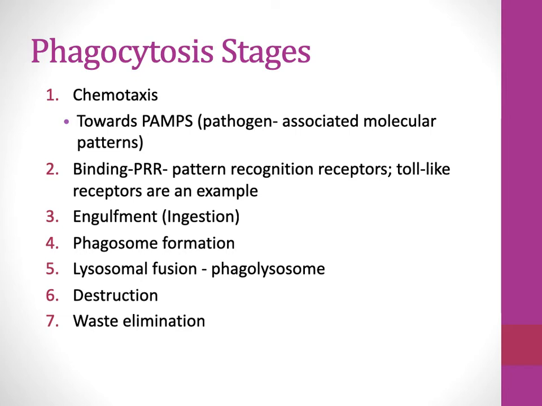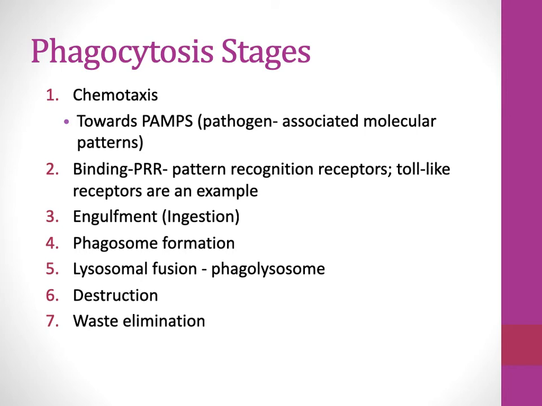That's going to end up fusing with a lysosome. So the lysosome contains digestive enzymes. When those fuse together, we form a phagolysosome. So we're just putting the words together. That phagolysosome is going to contain the pathogen and the digestive enzymes so that they can mix together. With the digestive enzymes, there's also a drop in the pH.